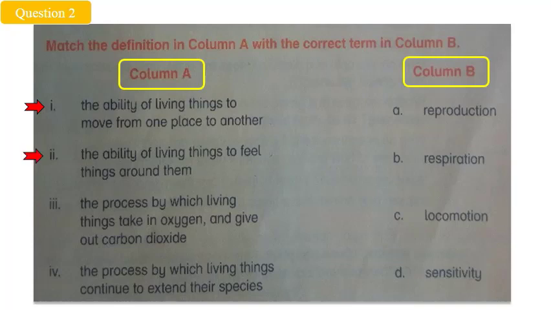The ability of living things to feel things around them. Find the correct term. Number 3. The process by which living things take in oxygen and give out carbon dioxide. What is this process called? Find out. Number 4. The process by which living things continue to extend their species. Find the correct term related to this definition.